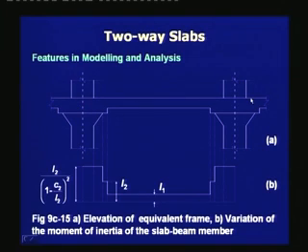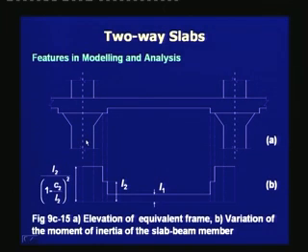The top figure is the elevation of an equivalent frame at a particular floor level within a bay, and we see that the flexural moment of inertia is varying along the span of the slab beam member. In the middle region, it is constant at a value of I1. Near the drop panels, it has a value of I2, and from the face of the column capital to the center line of the column, it varies.